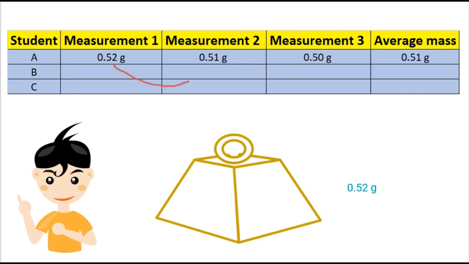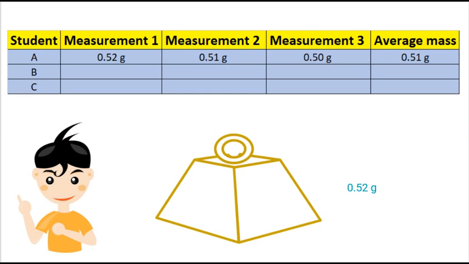And also the difference between the three measurements is large. He's not getting the same value. Can you see? If he's not getting the same value, it means the measurements he is taking are not precise. Fine. So for student A, the measurement he took is neither accurate nor precise.